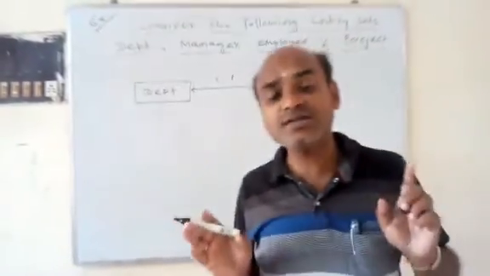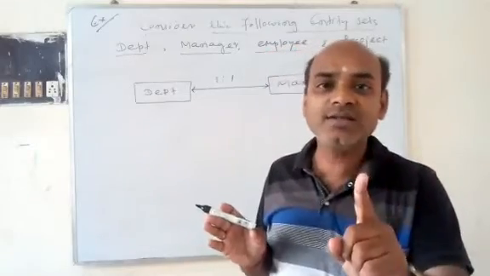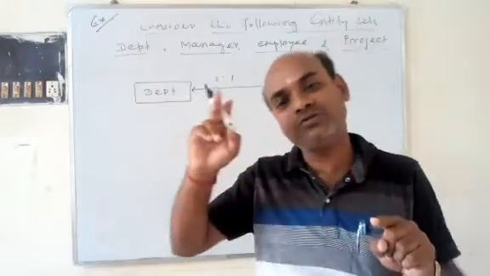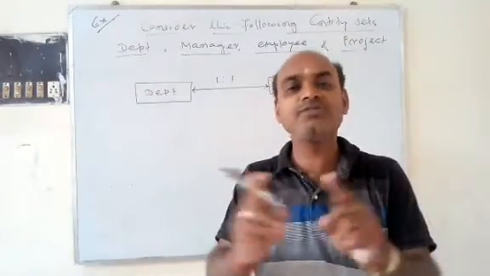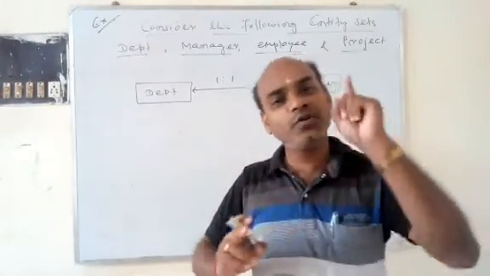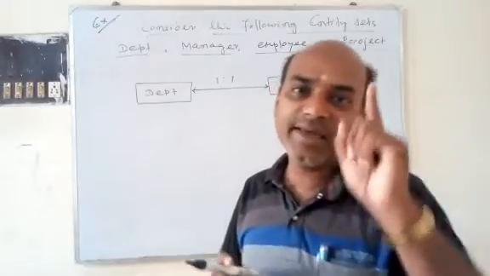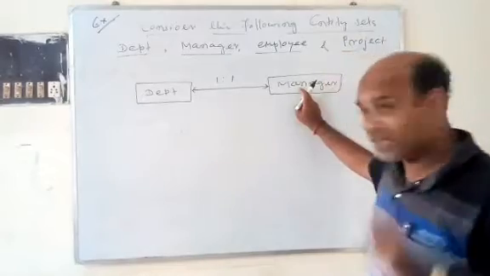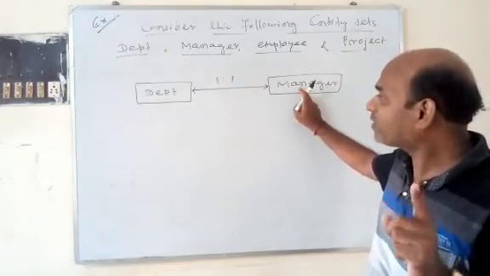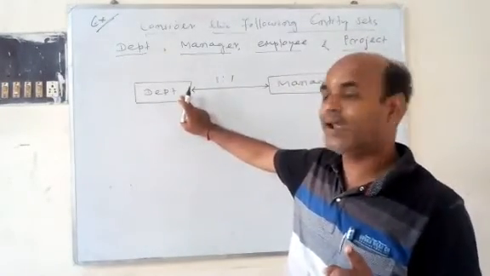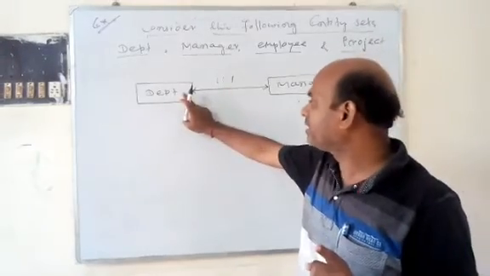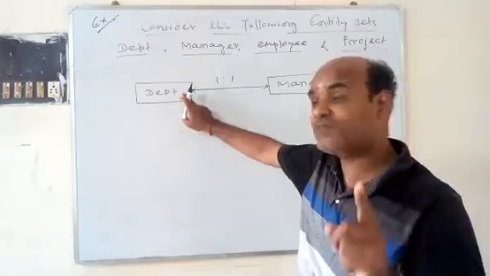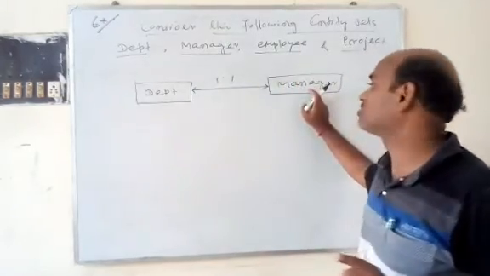In the previous classes, we discussed that in a college there is a principal. So college may be an entity and principal may be an entity, and the relationship is one-to-one, meaning in a college there is a principal. Similarly, a manager can work in a department, and the reverse way, a department must have only one manager.